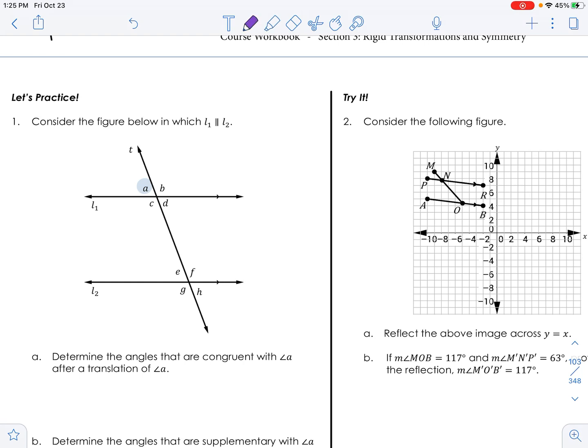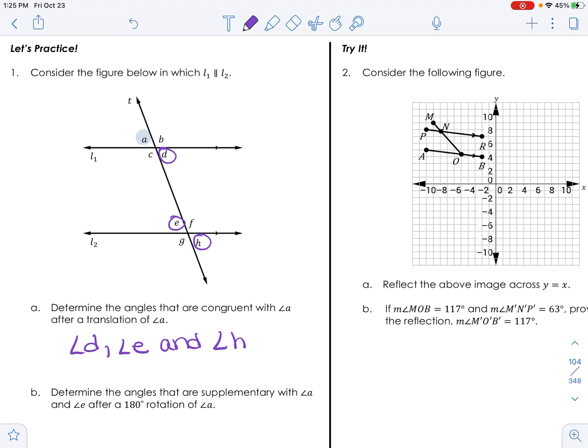Well, let's see, a translation. I've got angle D. I've got angle E. And I've got angle H. Okay.